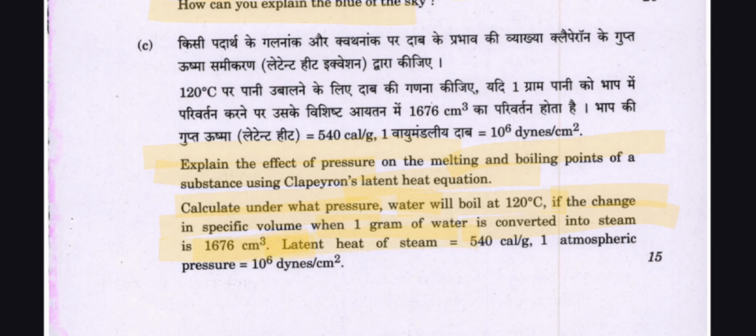Latent heat of steam, I apologize, is 414 cal per gram. First atmospheric pressure is 10^6 dyne per square centimeter.